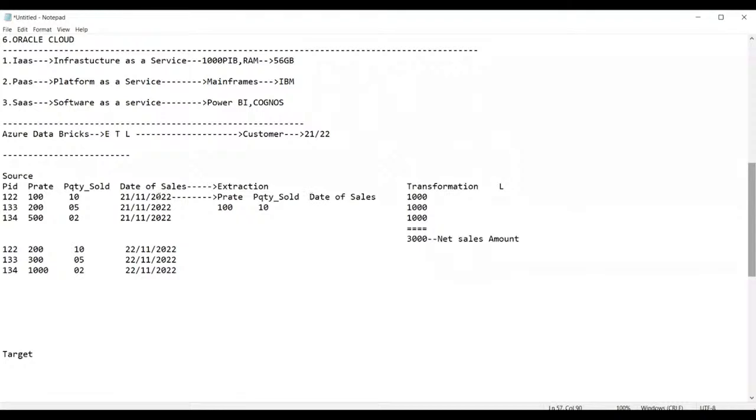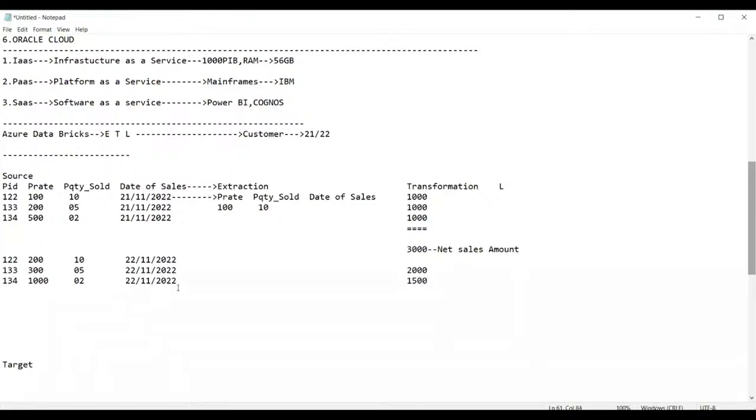Now, it is done for the 21st day. What about the 22nd day? Help me out in this. For the 22nd day, 200 into 10 means 2000. 300 into 5 means 1500. 1000 into 2 means 2000.